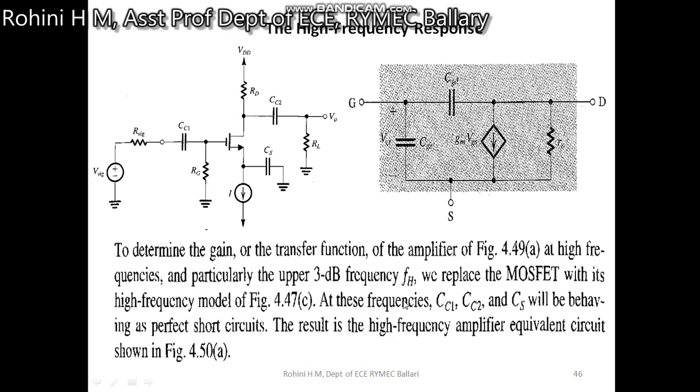At these frequencies we neglect the coupling capacitances CC1, CC2 and the bypass capacitance CS. These three capacitances we are not considering, meaning they behave as perfect short circuits. The result is the high frequency amplifier equivalent circuit shown here.